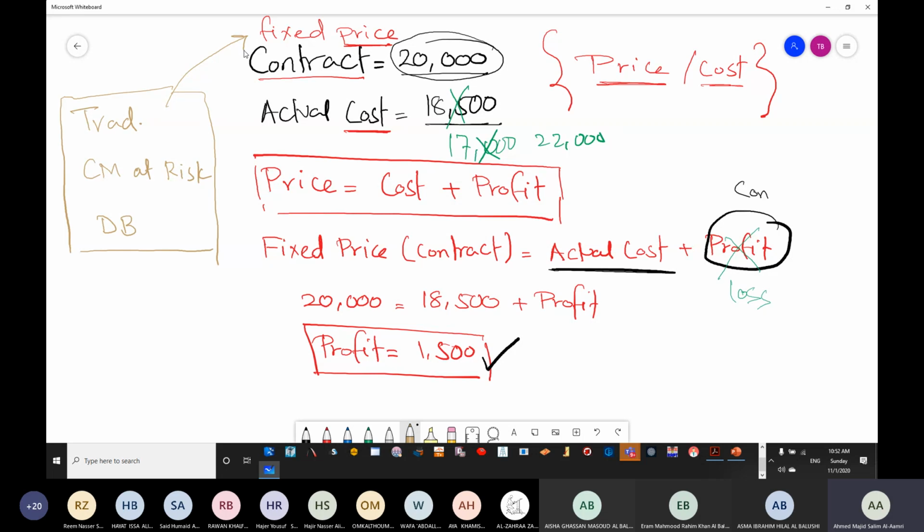These are for complicated projects. No, all of them are used for construction. It depends on the size and complexity of the project. Now, for construction management at risk and design build, do you think that you can give the total quantities from the beginning, or is the project too complicated to do that?